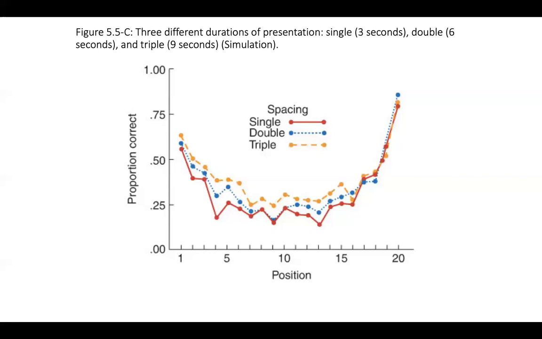Someone tell me. Slowly. You know that because in the triple, when the digits are being said most slowly, you get the biggest primacy effect.